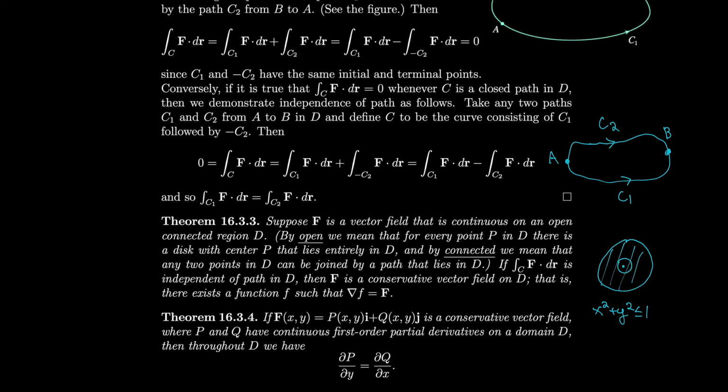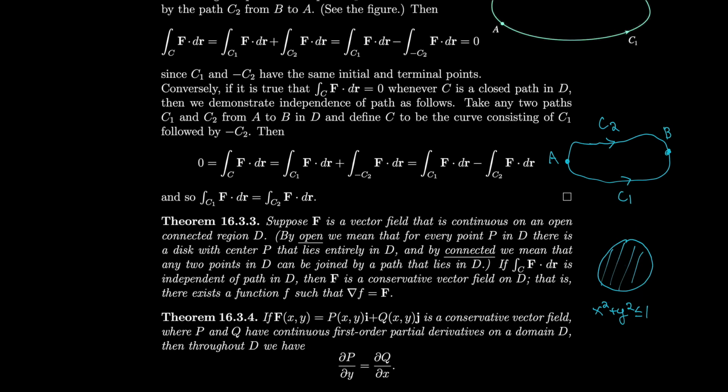So that point satisfies what we need for our region D to be open. However, not all of the points do, because if I were to choose a point over here on the boundary of that circle, then any disk I draw will not be contained entirely within D. It escapes a little bit. So in this case, this is an example of region D that's not open.